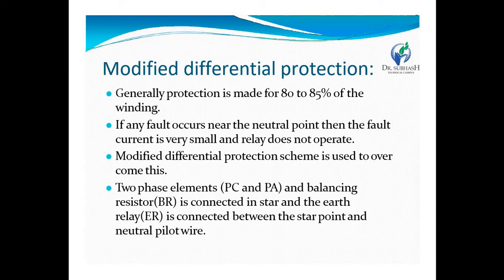The modified differential protection scheme is used to overcome this type of issue, where two elements PC and PA and balancing resistor BR are connected in star, and the earth relay ER is connected between the star point and the neutral pilot wire.